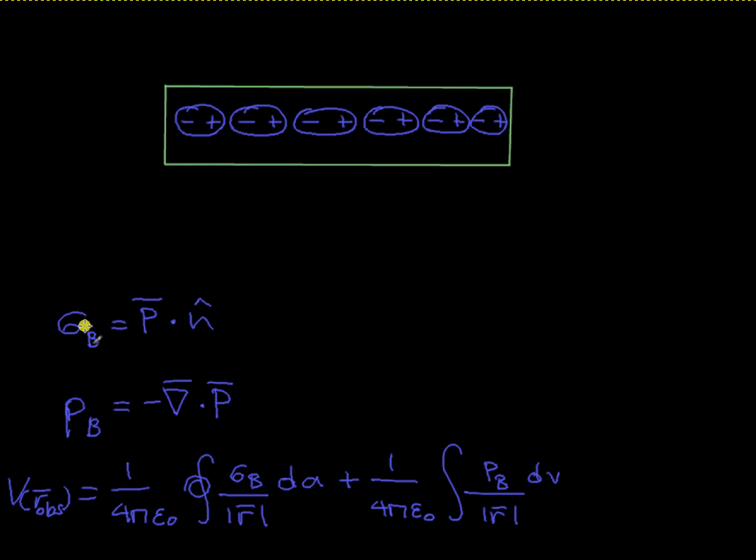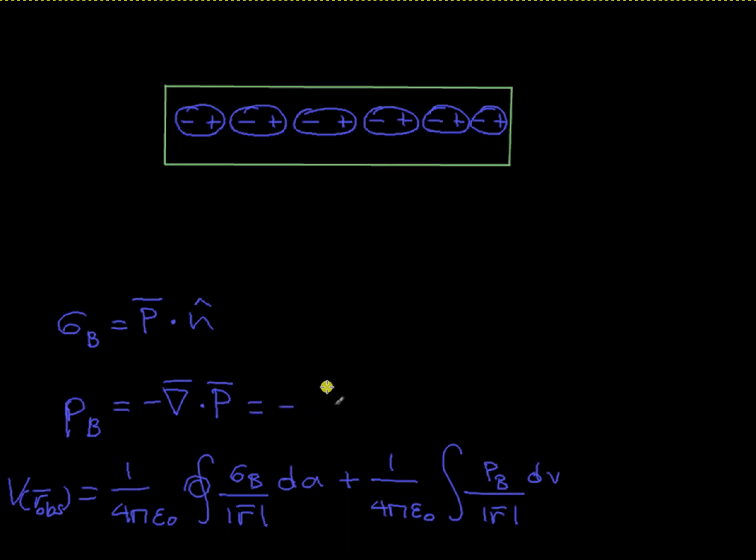Now, how to find the two charge densities? The surface charge density is just the polarization dot product with the unit vector that is normal to your area, and the volume charge density is minus the divergence of polarization. Now, I want to do something to show you what this means.